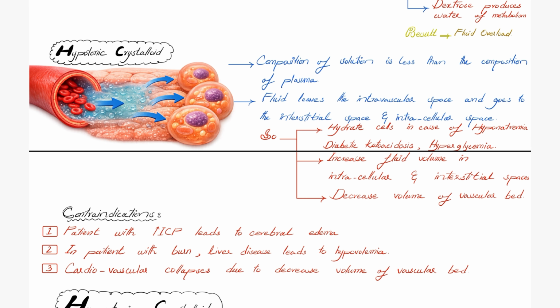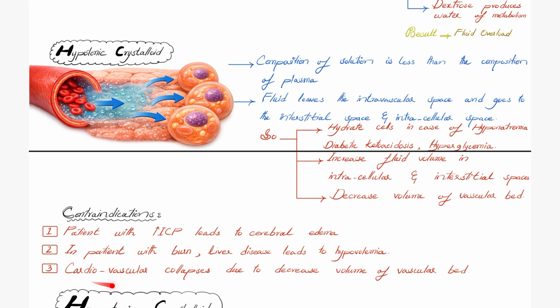So now there are some contraindications associated with hypotonic crystalloid. Patients with high intracranial pressure: it leads to cerebral edema because it increases the intracellular fluid. In patients with burns or liver disease, it leads to hypovolemia because all the fluid from the intravascular space shifts to the interstitium, and then from the interstitium it goes to the third space.